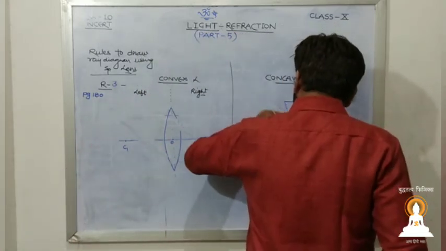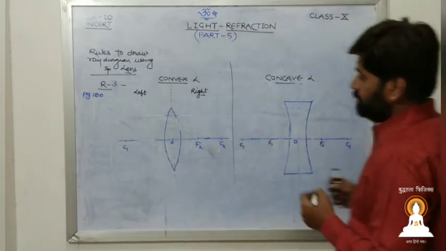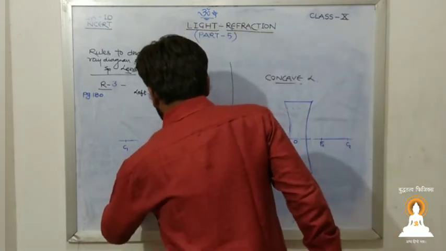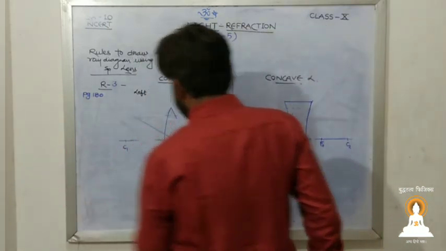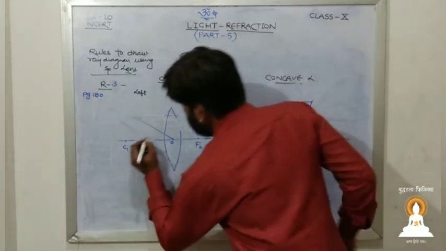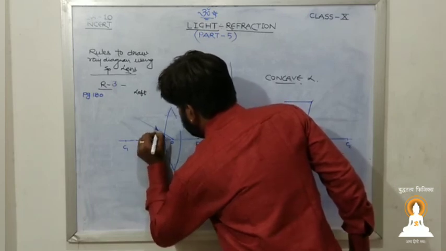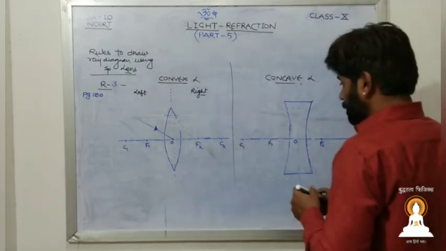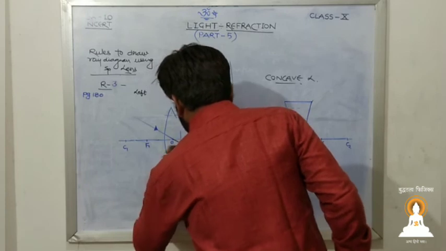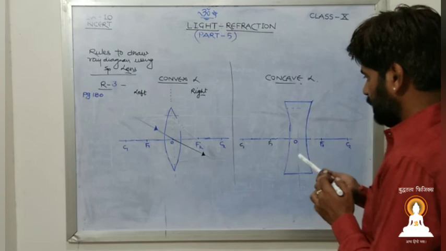Let me draw this. The rule is, when a ray of light is incident directly on the optical center, it will not be deviated. It will directly pass without any deviation, straight.